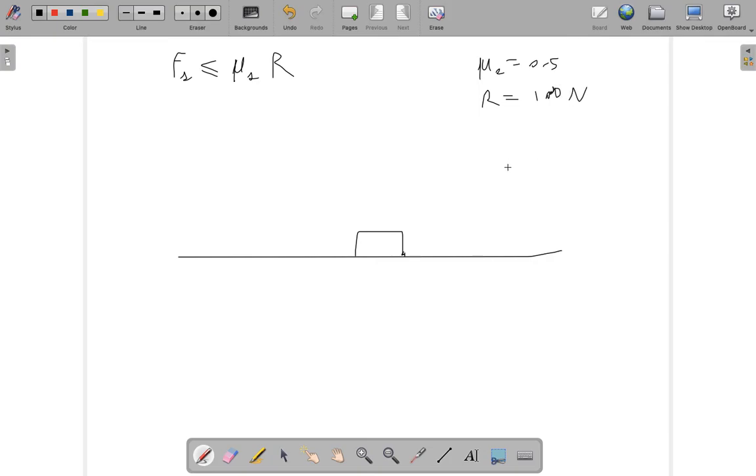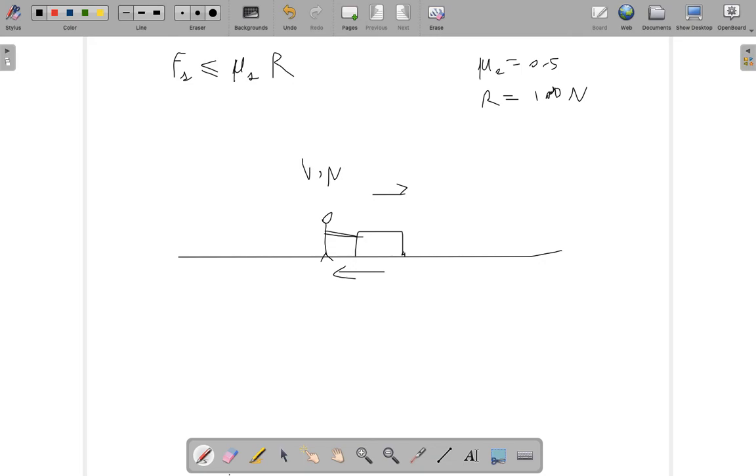Now let's say you start pushing the block, and because you're pushing it in this direction, there's a frictional force acting in the opposite direction on the block. Let's say you're pushing it with a force of 50 newtons. Now, if we said that static friction is equal to the coefficient of static friction times the normal force, actually, let's not use 50, that's a bad choice.